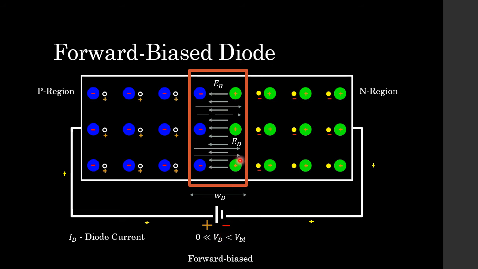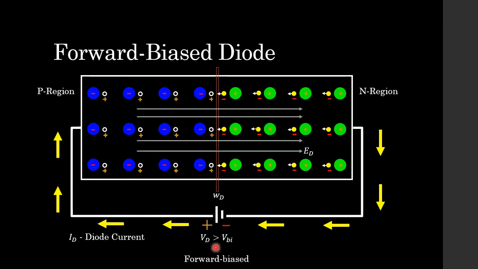Well, of course we can expect this electric field caused by VD to get stronger. So here we can see that we've increased our bias voltage VD much greater than our barrier potential voltage VBI, and that means the electric field ED, which is created by our battery, overpowers and completely eliminates the electric field created by the barrier potential voltage.